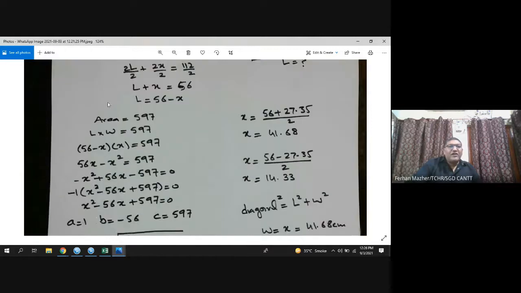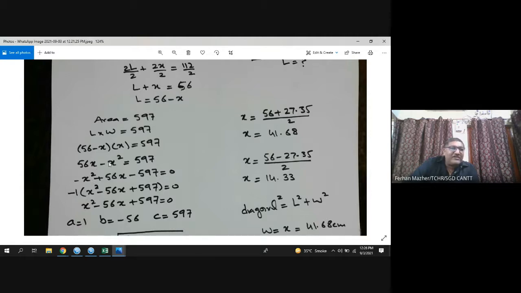Okay. Now next he told us that the area is 597. You know the area of the rectangle we can find by the formula length multiplied by width. The length is 56 minus x and the width is x, and the area is given in the statement, that's 597. So we will have 56x minus x square equals 597.